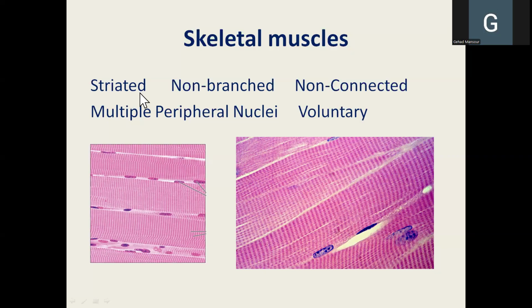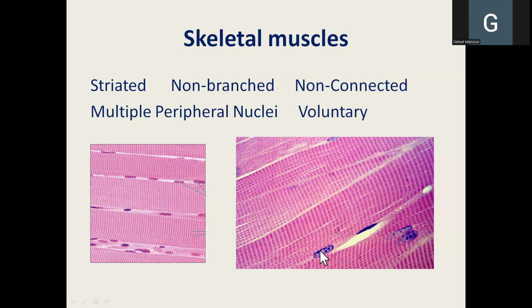That is not written here, but the major difference between the skeletal muscles and the cardiac muscles is that the skeletal muscle is non-branched, and therefore not connected, and there are multiple peripheral nuclei.